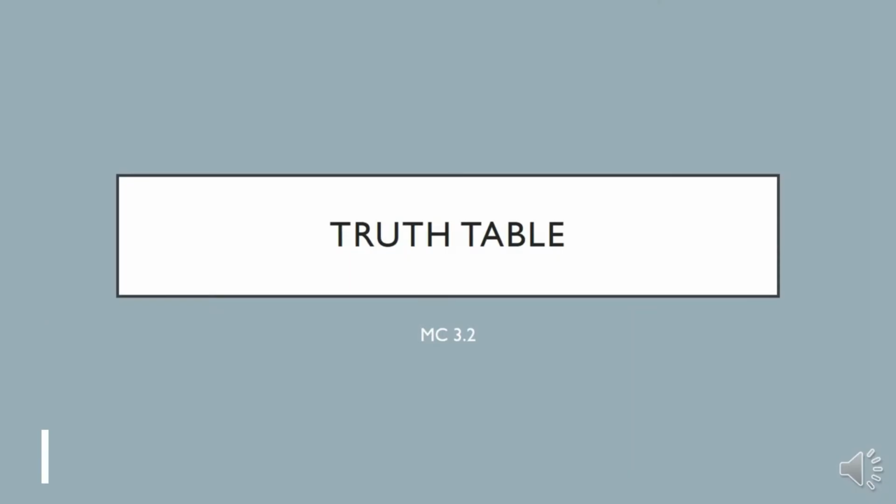A truth table is basically a table that shows the relation between the input and the output in a digital logic circuit. In this session, we will look into more detail on how to actually build a truth table for any logic circuit.